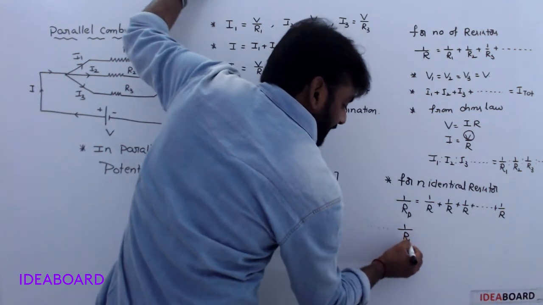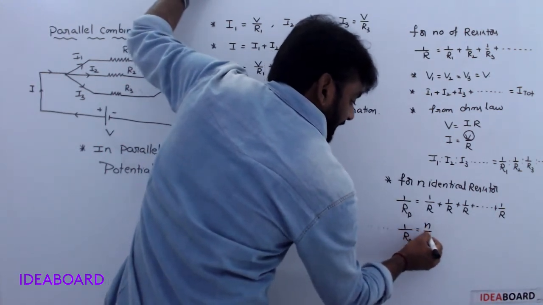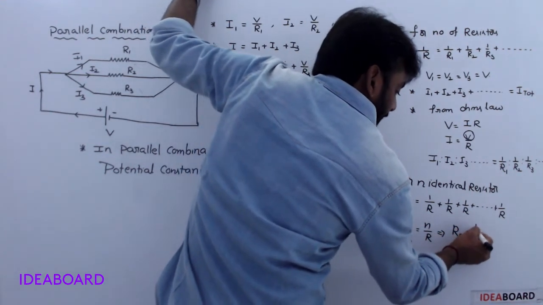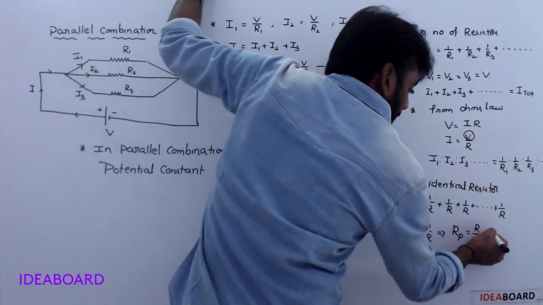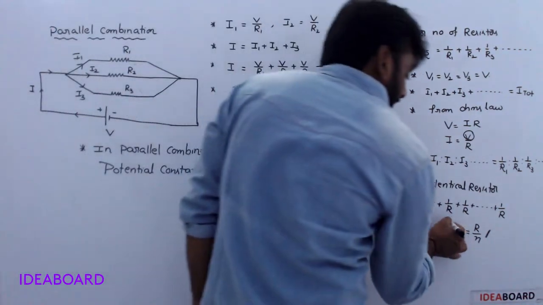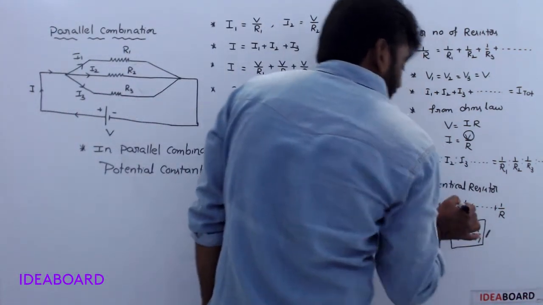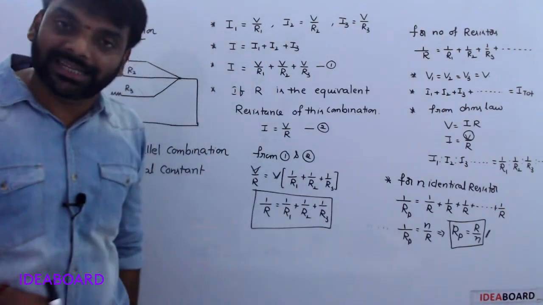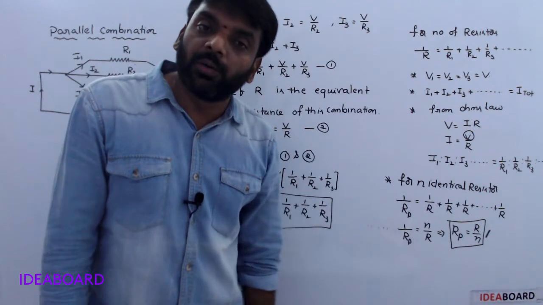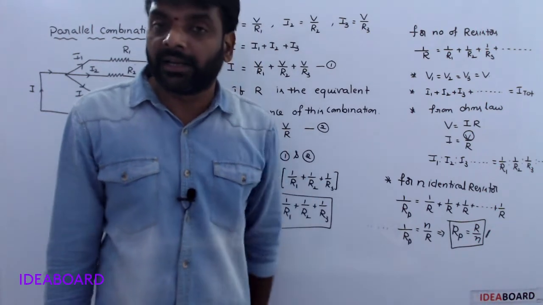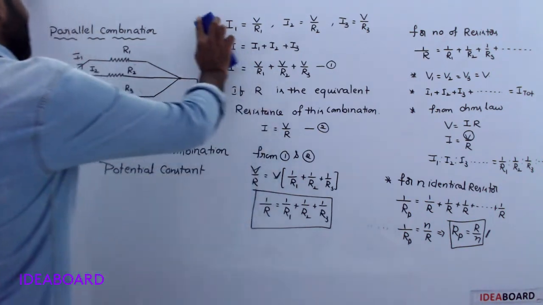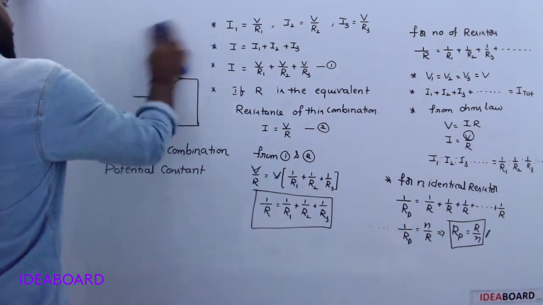Simply 1 by Rp is equal to n by R. So Rp is equal to R by n. If n identical resistors are connected in parallel, the effective resistance is R by n.